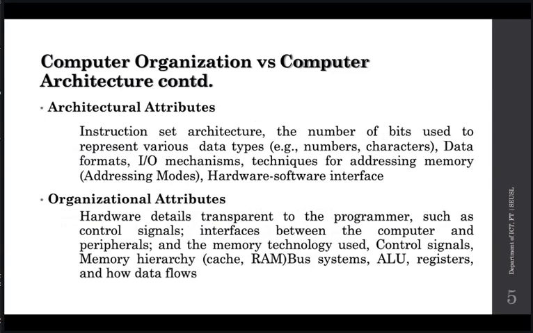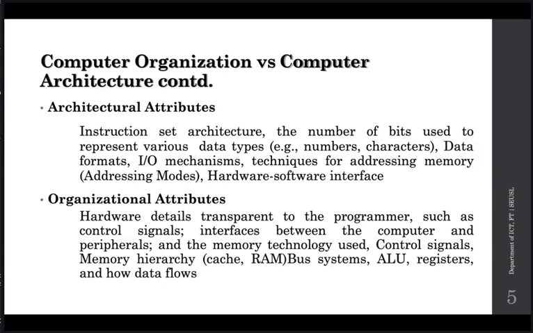These are the two ways we can classify organization and architecture. The instruction set architecture, the number of bits used to represent various data types. When you buy a computer, you check whether it supports a 32-bit operating system or a 64-bit operating system. Those things are called architectural attributes.